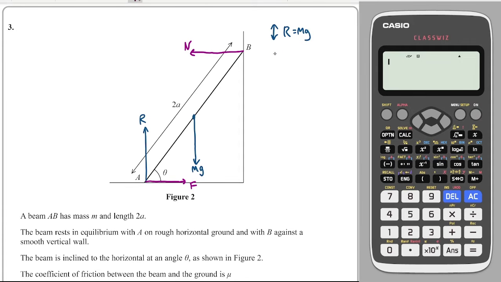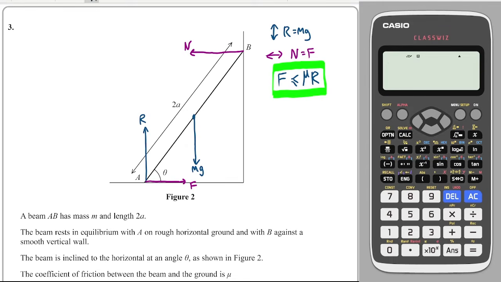And if I look at the horizontals, I know they must be balanced as well, so N equals F. I also know that the frictional force is less than or equal to mu multiplied by the reaction force. That's an equation that you have to know for mechanics.